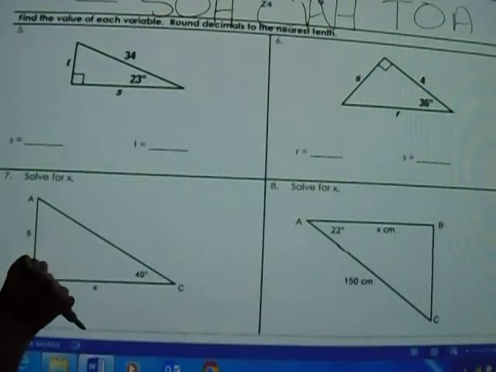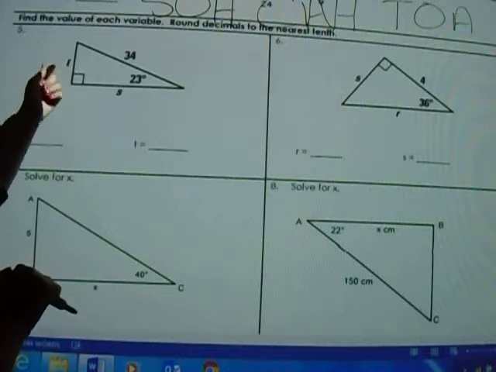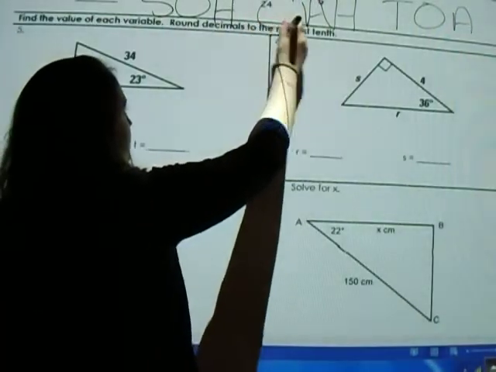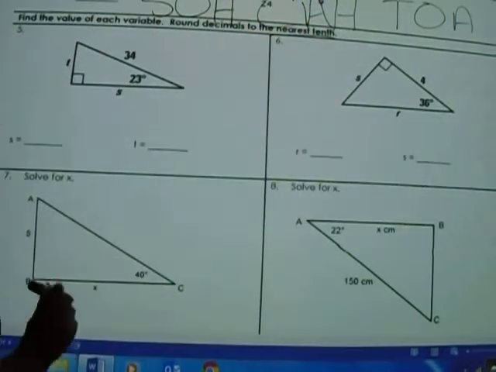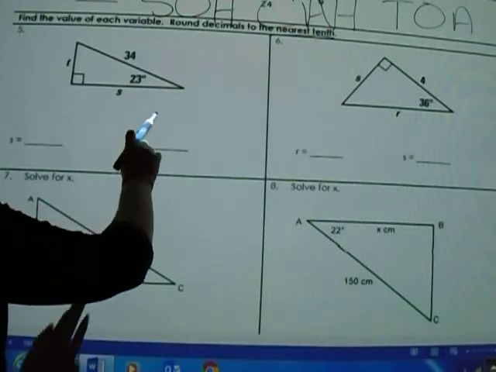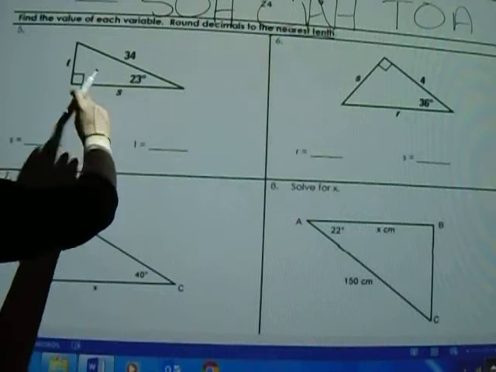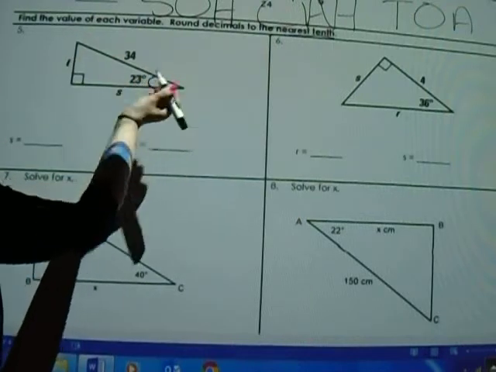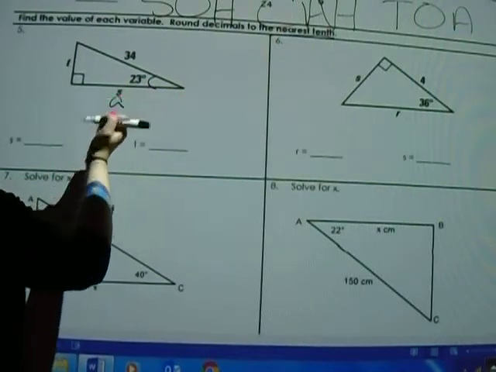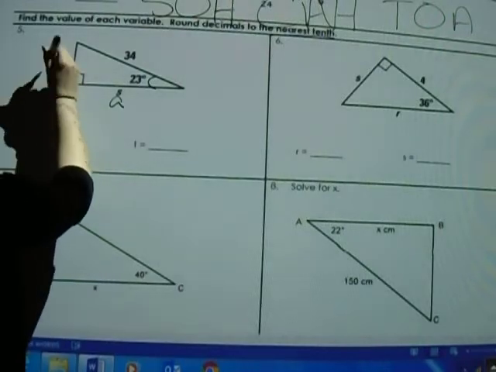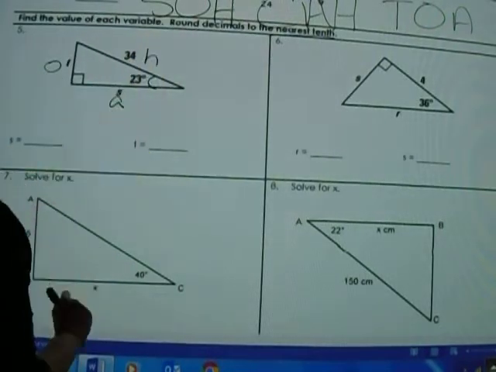So we have to find the value of t and s, round the decimals to the nearest tenth. We're told that. Okay, so let's do s first, because that comes first. For angle 23, this is the adjacent leg, this is the opposite leg, and this is the hypotenuse.